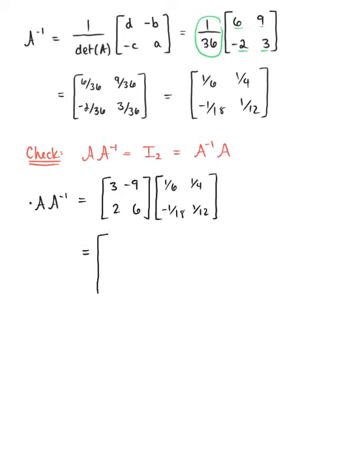So here we go. We have the first row of matrix A multiplied by the first column of the inverse, which leaves us with 1/2 plus 1/2. We have the first row of A multiplied by the second column of the inverse, which leaves us with 3/4 minus 3/4. Then we have the second row of A multiplied by the first column of the inverse, which is 1/3 minus 1/3.